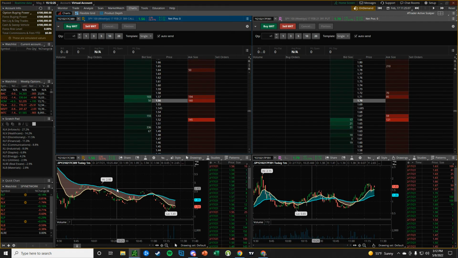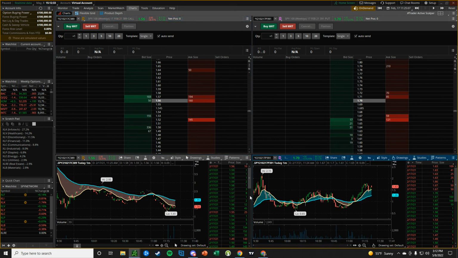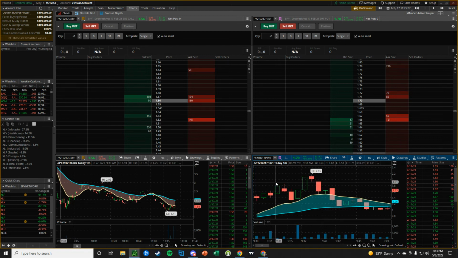All right, so here are the first positions that we were looking at this morning. So let's go to where we entered. We entered at 9:35. So let's zoom that in a little bit. Make it easier to read. 9:35, we entered.